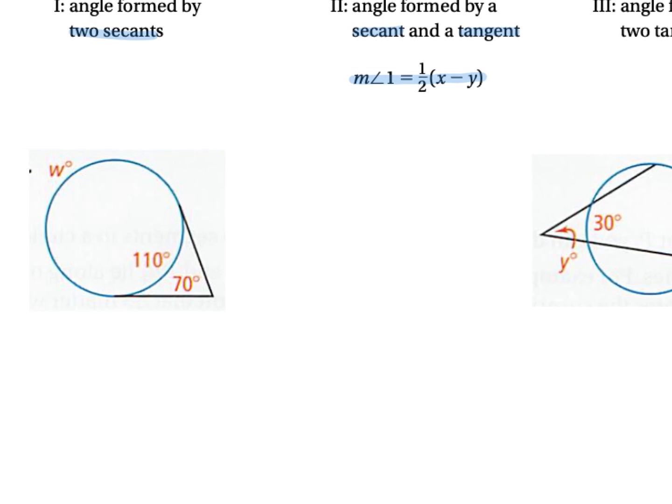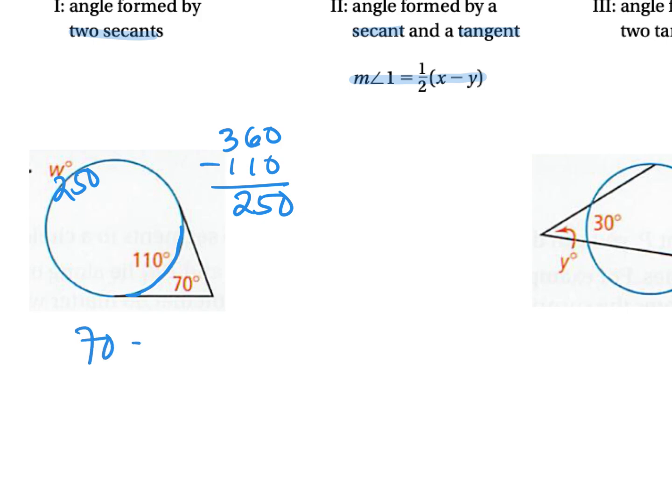Okay, so let's look at this one. We are being asked to find the size of W in here. We have this arc here, so we can subtract that from 360. So 360 minus 110 is going to give you 250. Means to say that this is going to be 250. Now we can recheck if our answer is correct.